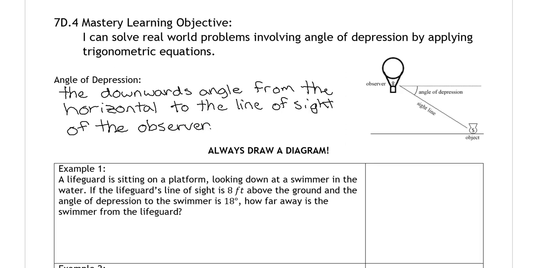So if we look here, here's my observer, here's the horizontal line, here's the angle down, and so here's the object.